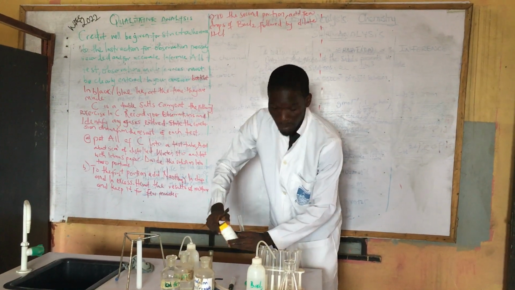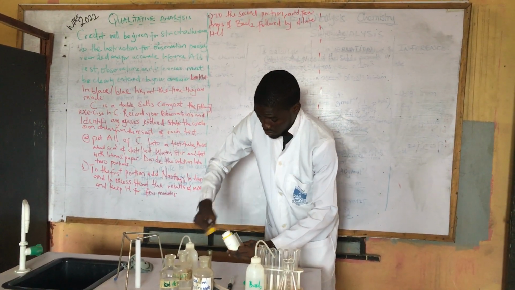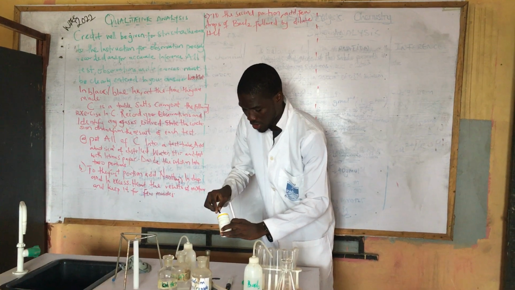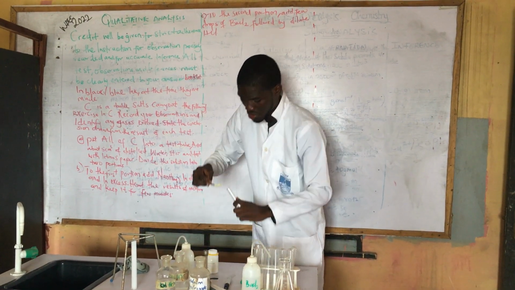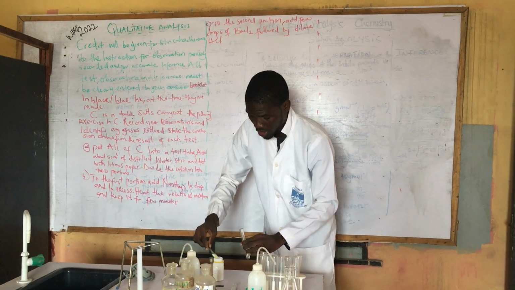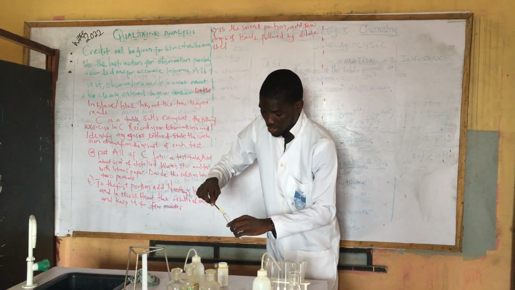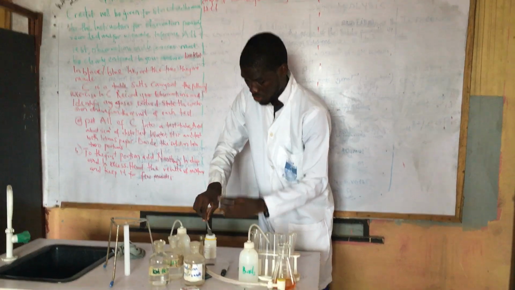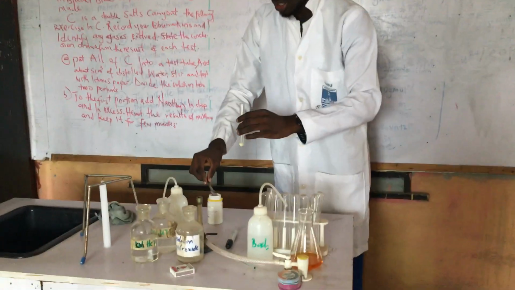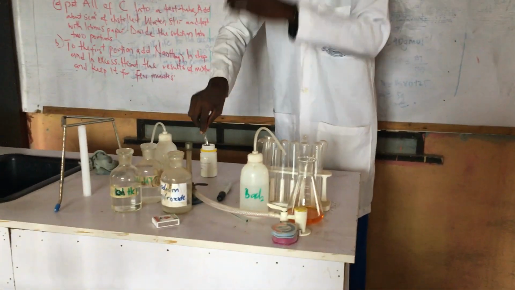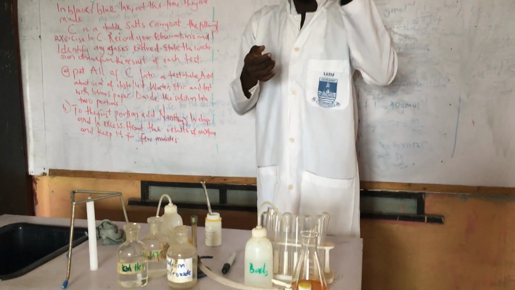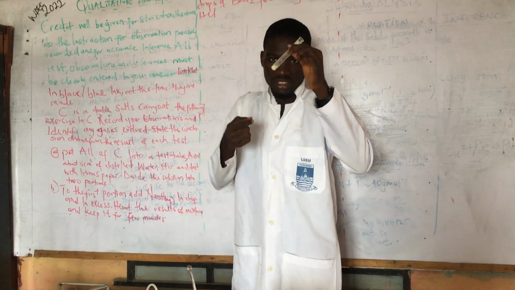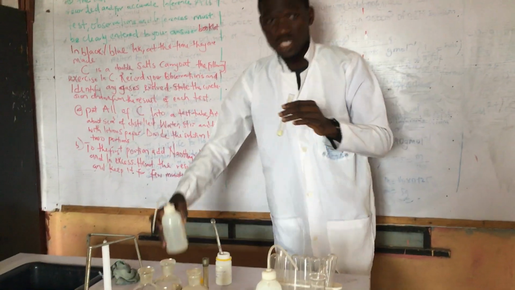So now, this is the sample C. I'll take a little portion of it. Get the camera closer so we can see. This is sample C, and looking at it, you can see the texture is crystalline. Now let's pour the water.